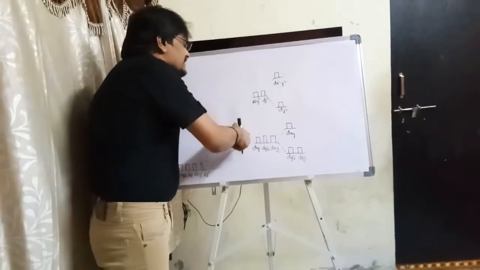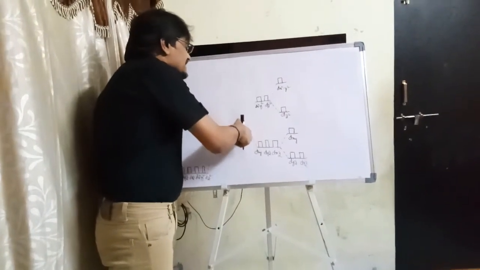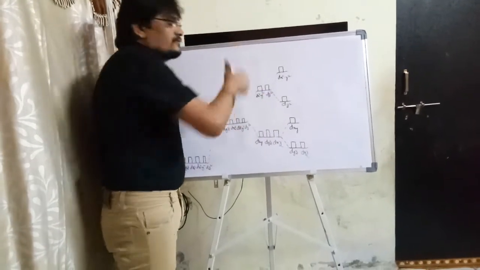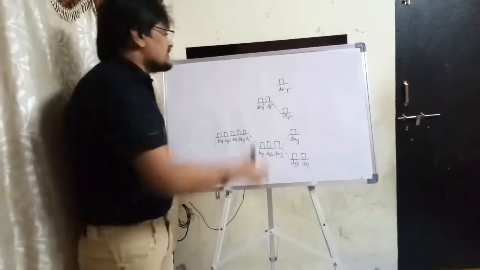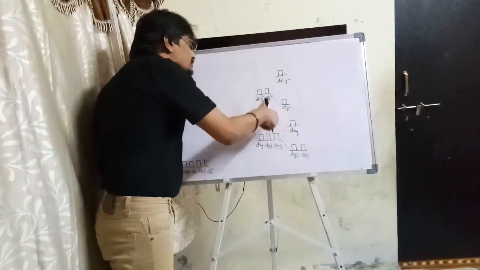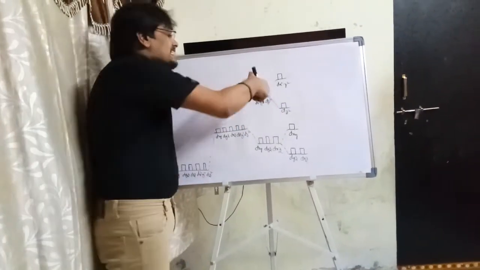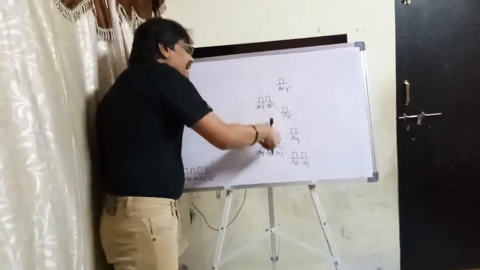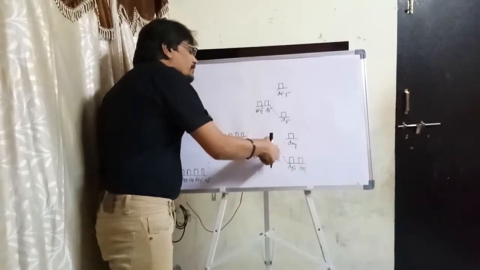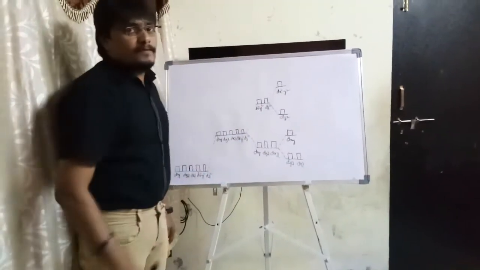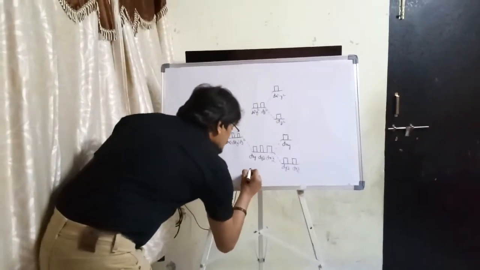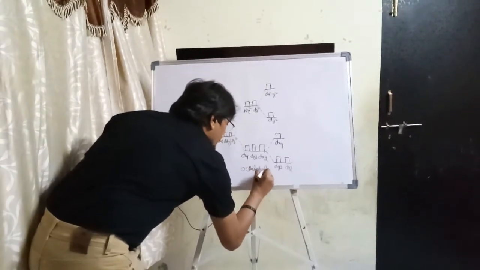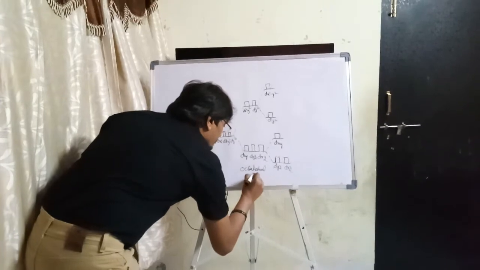Now the splitting takes place as in the case of an octahedral complex, and this is how the octahedral splitting is: the eg set of d orbitals occupies the highest energy level, whereas the t2g set of d orbitals occupies the lowest energy level. So up to here it is octahedral splitting.